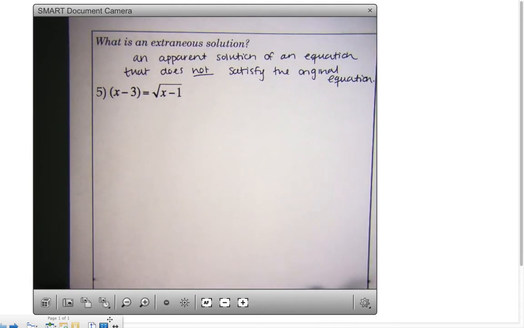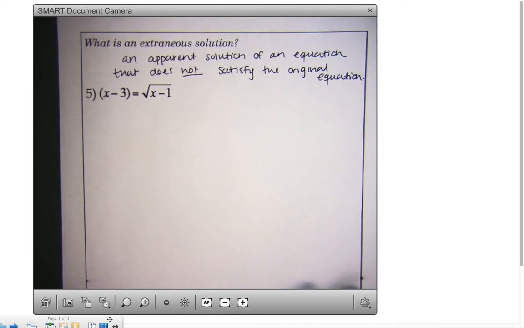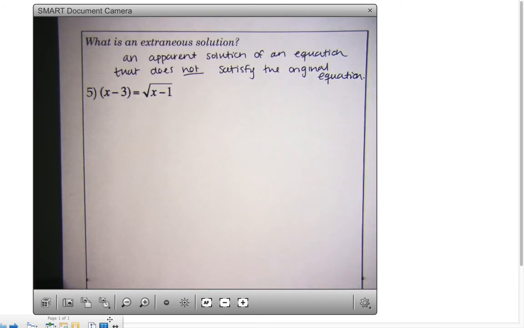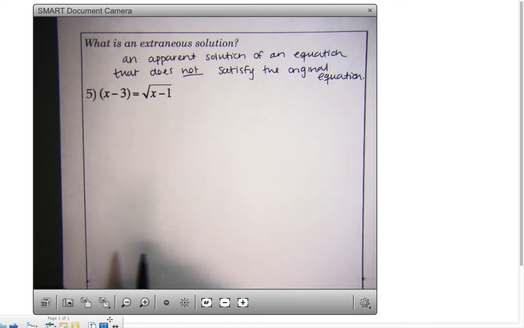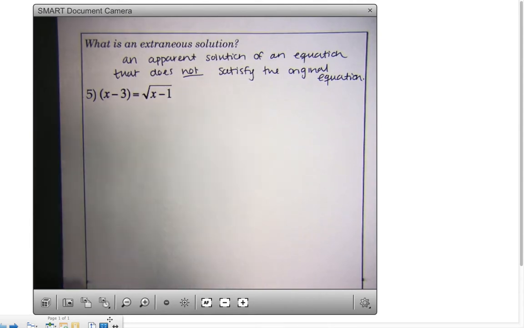So every example that we've done so far, we've gotten answers that worked. We haven't had any extraneous. For this one though, I'll spoil it, you are going to have an extraneous solution at the end.